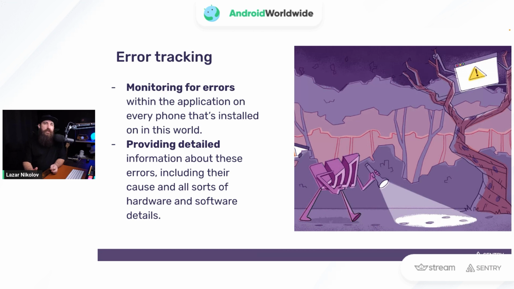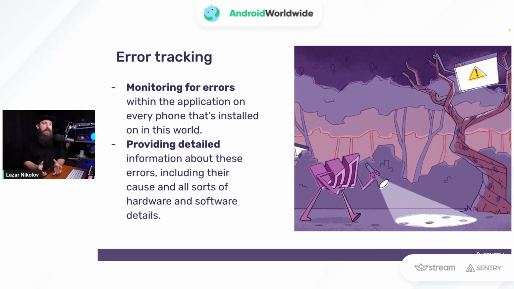We mentioned that we're doing this in production as the errors happen. And when errors happen, you get so many details about these errors, including their cause, what file and what line of code caused the issue, and all sorts of hardware and software details, like what was the phone manufacturer and model that the issue happened on.